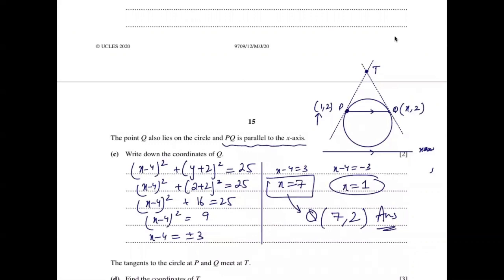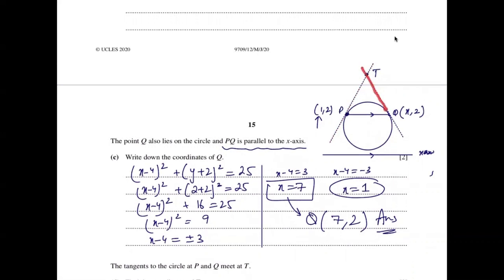Yes or no? I'll be needing the two equations and I'll be solving them simultaneously. I already have the equation of the tangent at P in the question. I just need to find the equation of the tangent at point Q. So I'll use the same concept. The center coordinates were 4, -2.